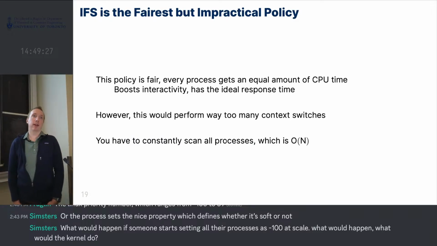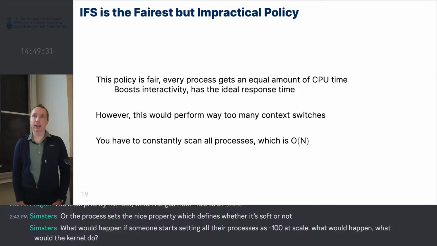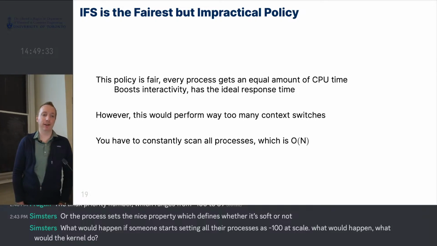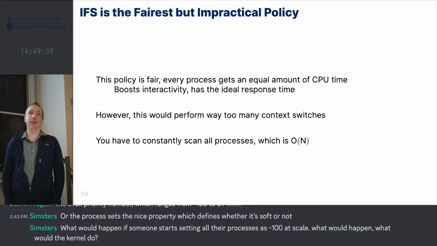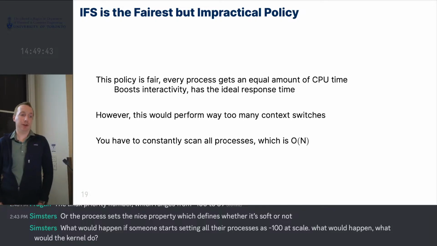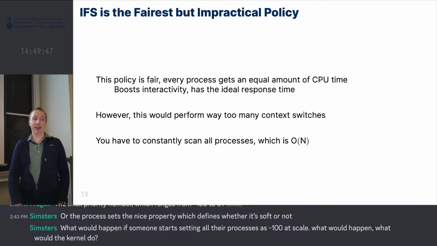So that's the ideal fairness, but it is completely impractical because we can't switch processes infinitely fast. Context switching takes some time. It would boost interactivity and have ideal response time because you have infinitely small CPU slices, so your response time is basically instant.